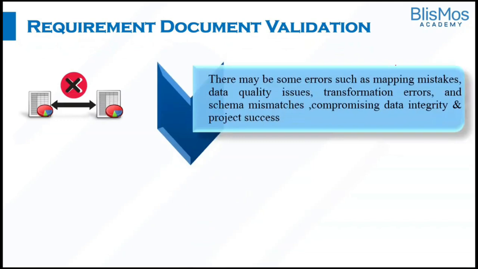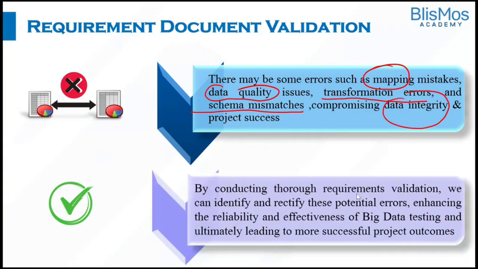Like there may be some errors in mapping, there may be some data quality issues, there may be transformation errors, schema matches may not be done properly, and there may be issues with data integrity. So by conducting thorough requirement validation, we'll be able to see if there are any errors. If we do the requirement document validation, we'll be able to catch all the potential errors very early in the development life cycle.